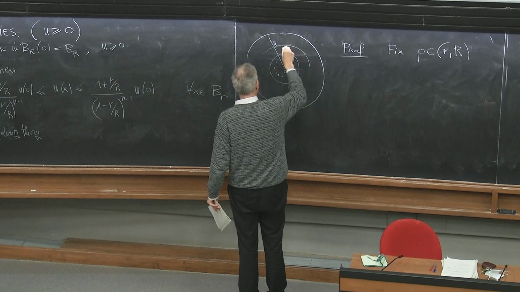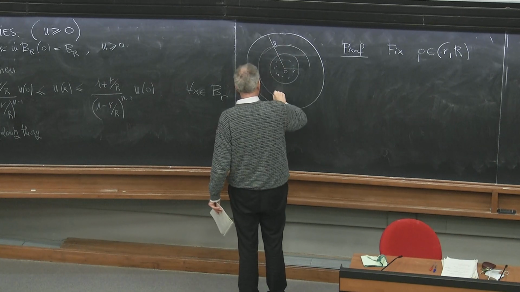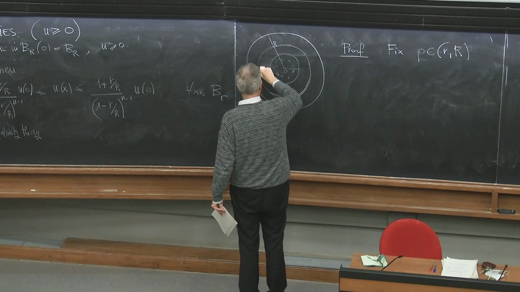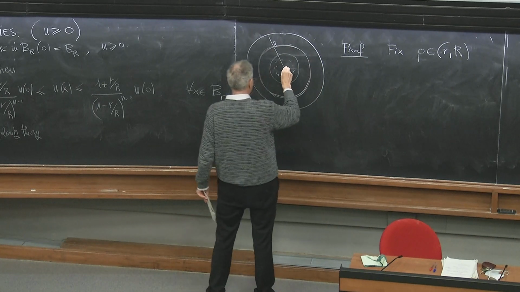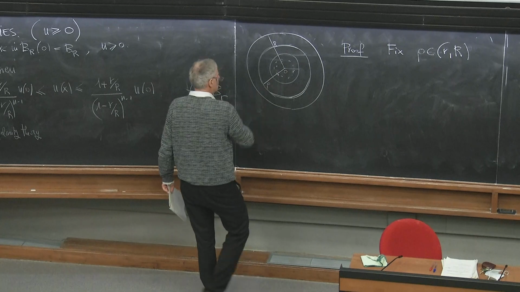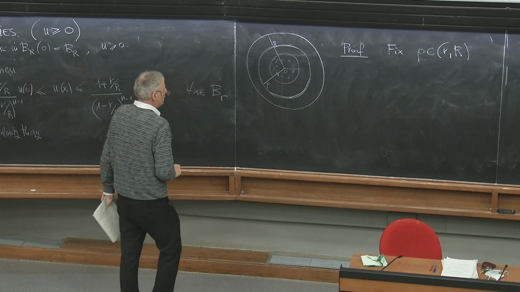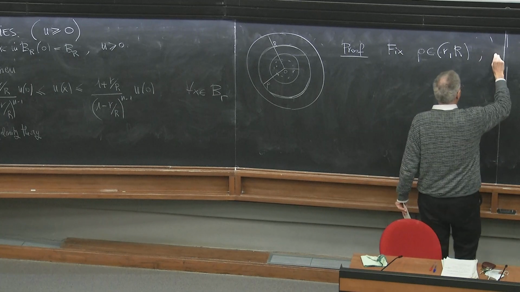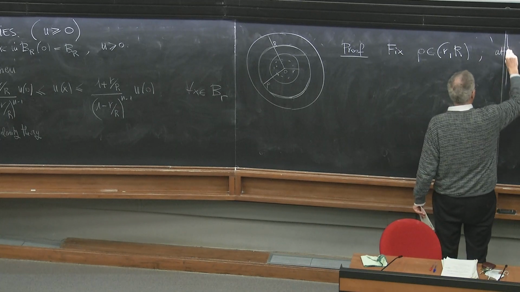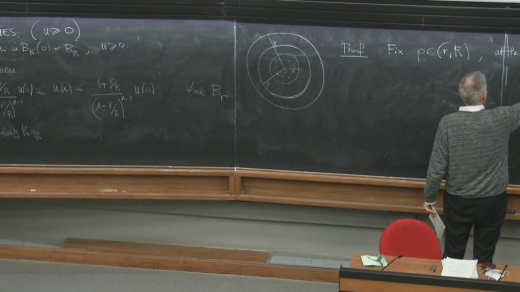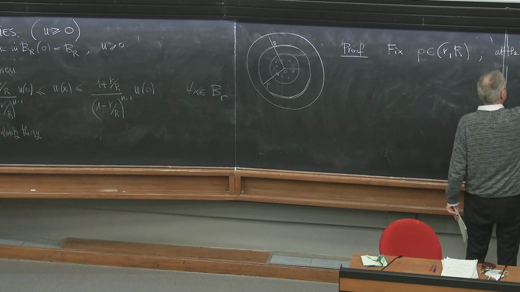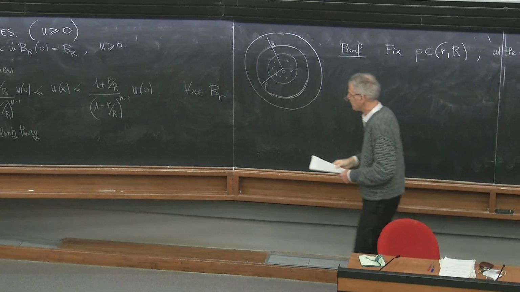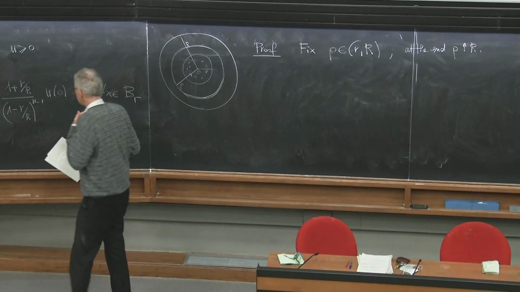We have three concentric circles. So this is rho. And at the end, let rho go toward capital R. But now we fix it for a while.